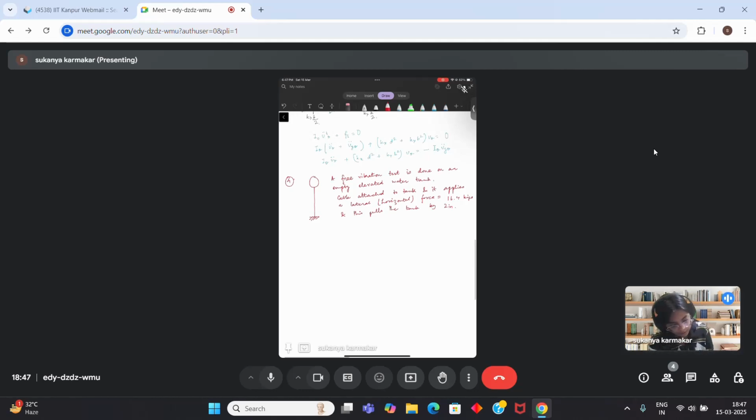So you have a cable, and because of this cable the tank is moving by 2 inches, and the force you are applying is 16.4 kips. This cable is then suddenly cut, and there is a resulting free vibration.